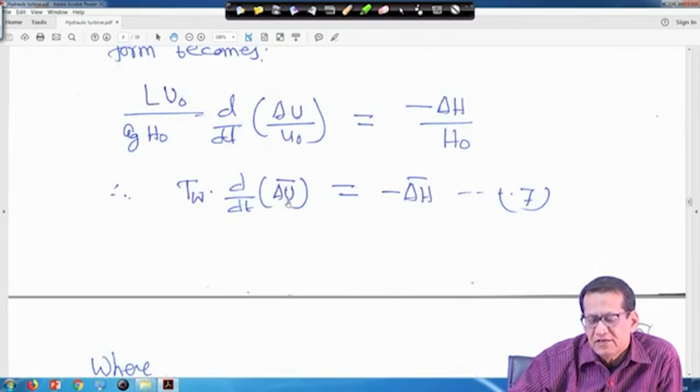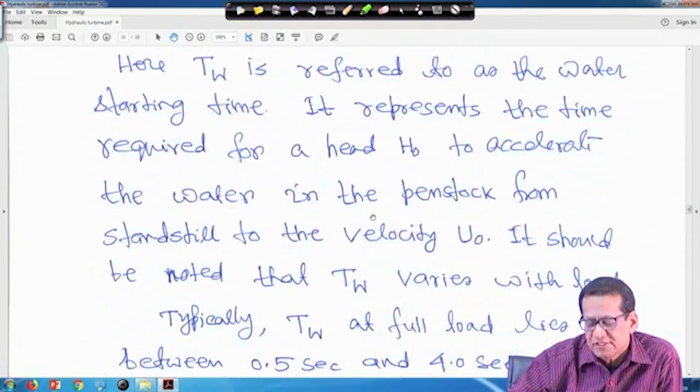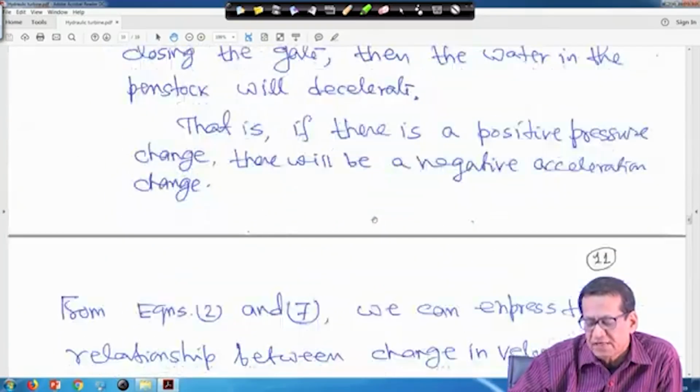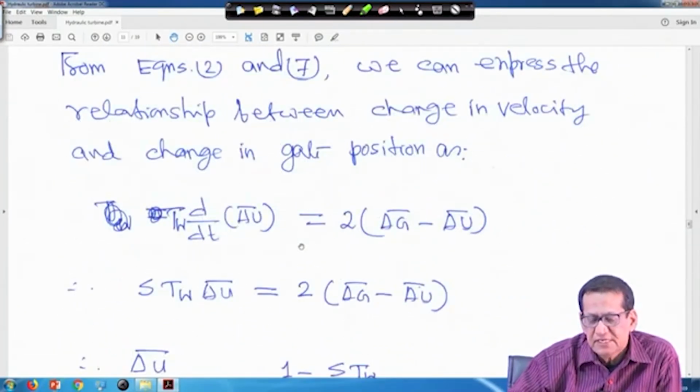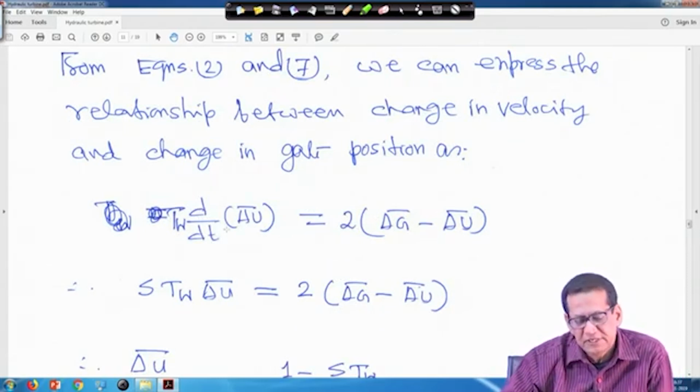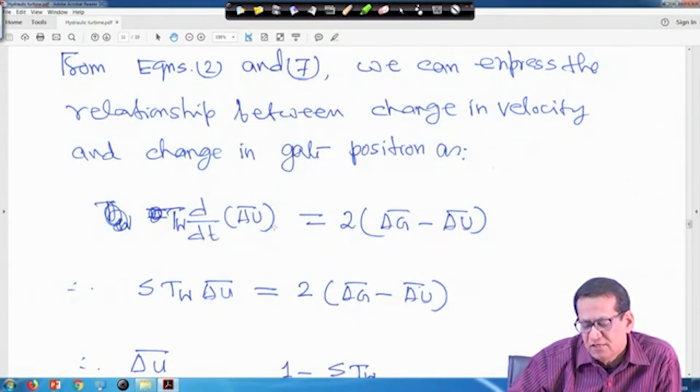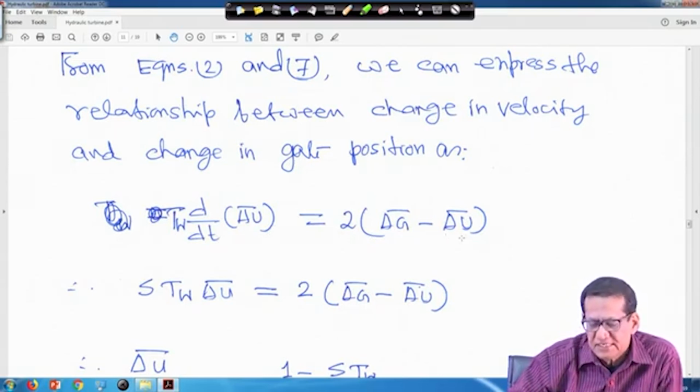If you look at equation 7, it was TW d/dt of delta u bar is equal to minus delta h bar, right. From equation 2 you substitute for delta h bar and you get TW d/dt of delta u bar is equal to 2 into delta g bar minus delta u bar.